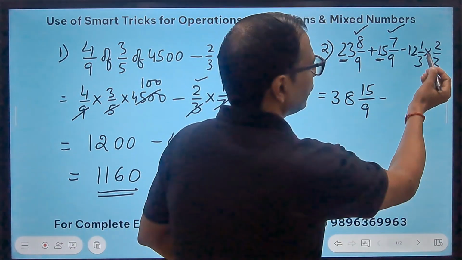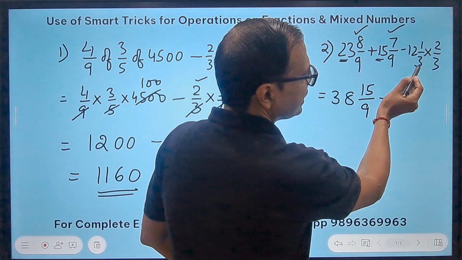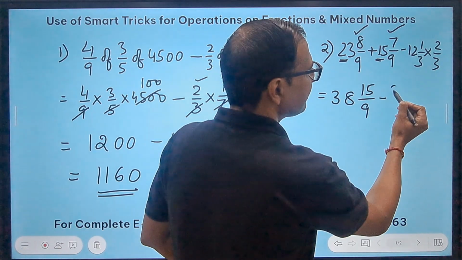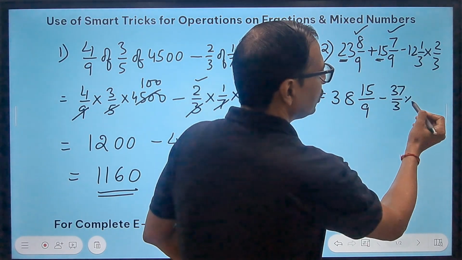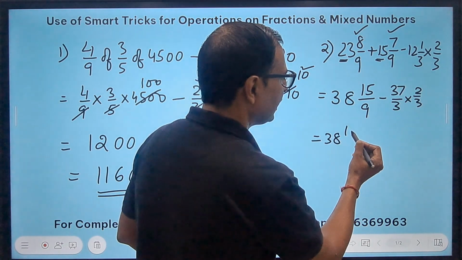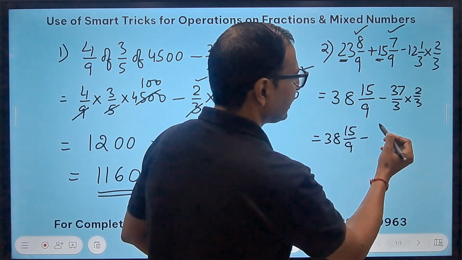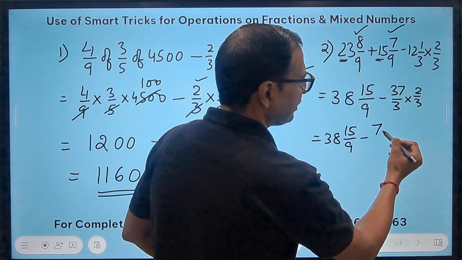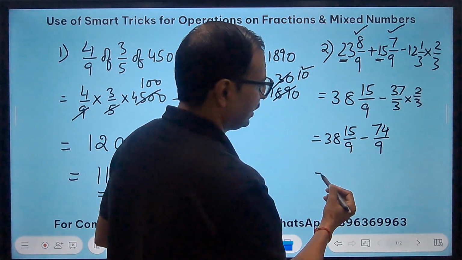After that, how much is this? This is 36 plus 1, 37 upon 3 times 2 upon 3. So I am going to leave the first part 38 15 upon 9, and the second part becomes 37 times 2 is 74 upon 9.